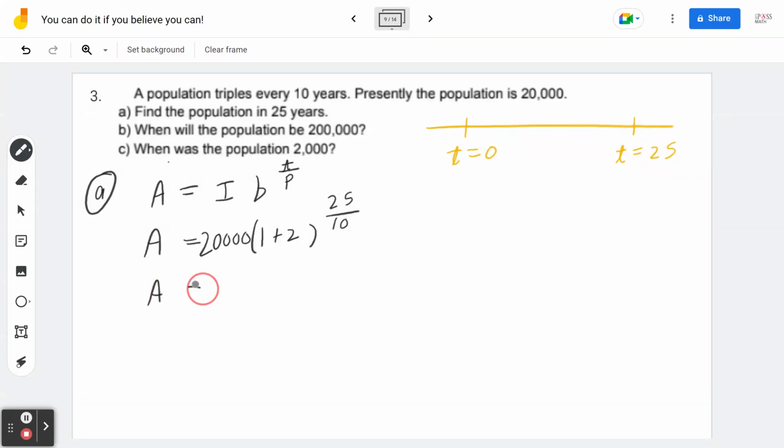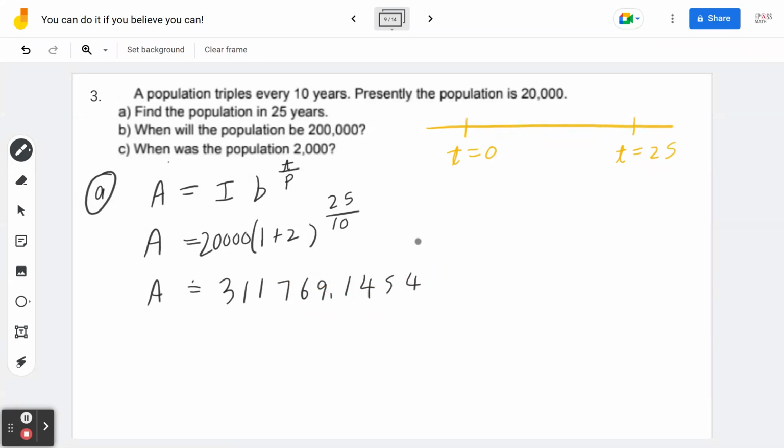So again, I'm going to grab a calculator. I'm going to work this out with you. We're going to round this. We'll talk about the rounding in a second. 20,000 times 3 to the power of 2.5. So again, if you work this out, this equals 311,769.1454.